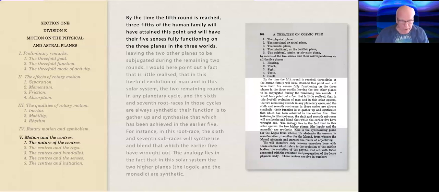By the time the fifth round is reached, 3/5 of the human family will have attained this point and will have their 5 senses fully functioning on the 3 planes in the 3 worlds. So before we analyze this statement, let's take a look at a more complete explanation from both later in TCF and in Initiation Human and Solar.